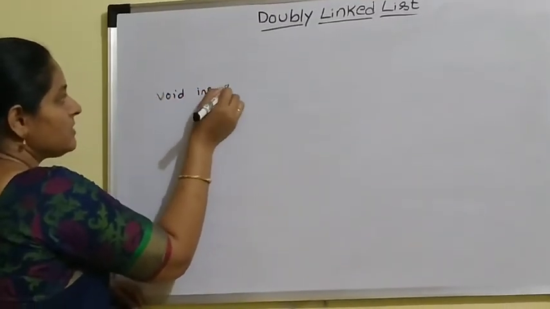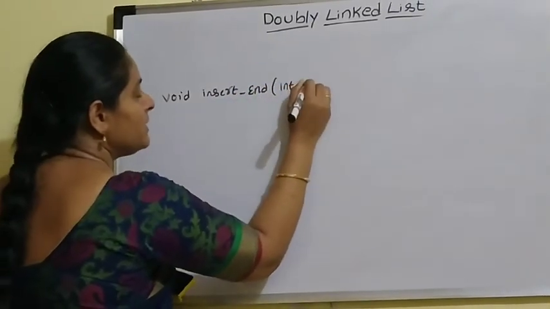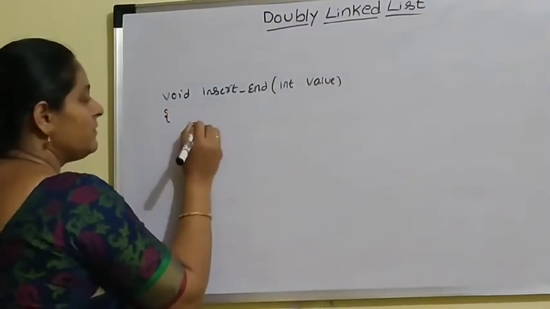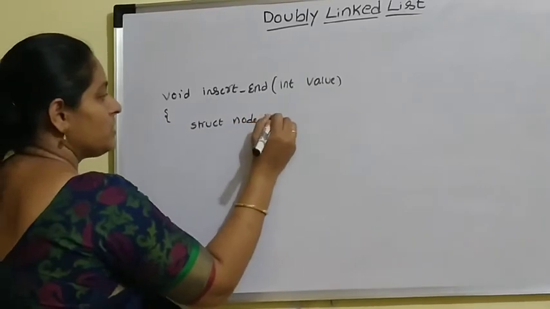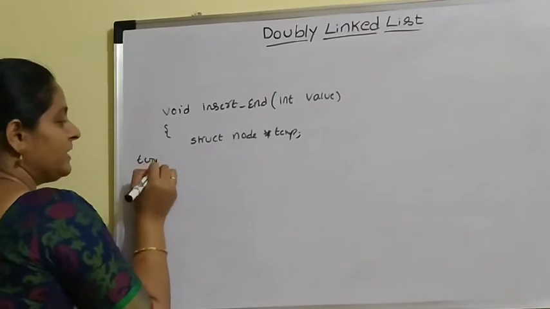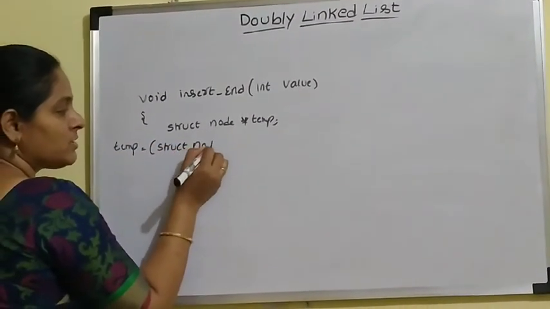Void insert end. Whatever value I want to insert, I am passing it as a parameter. So as usual, first declare the pointer for the node. Struct node star temp. Temp is our new node. So allocate the memory for the temp. Temp equal to struct node star, size of struct node.